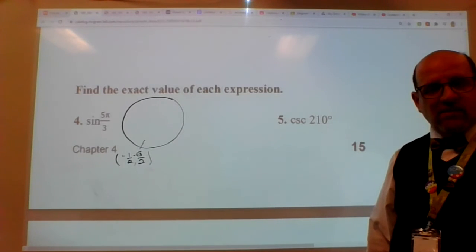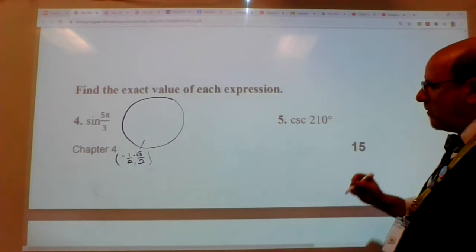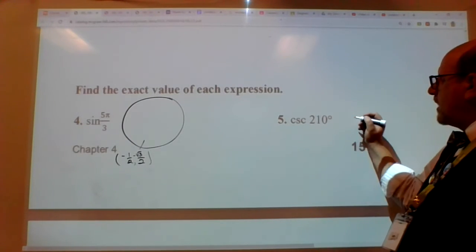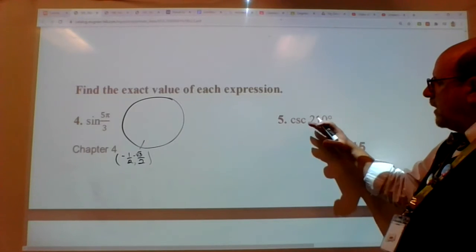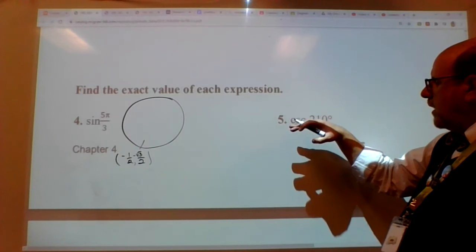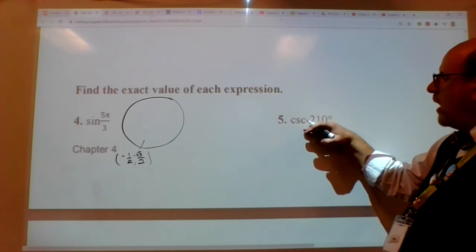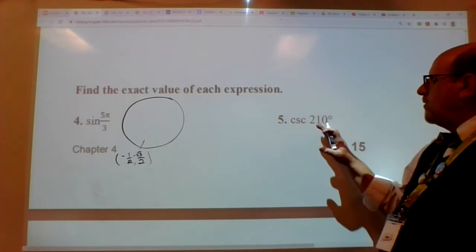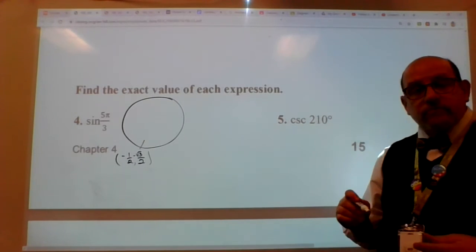Right? We hate that. So this is negative square root of 2. It's better if you type it in degree mode. 1 over the sine of 210. Okay.